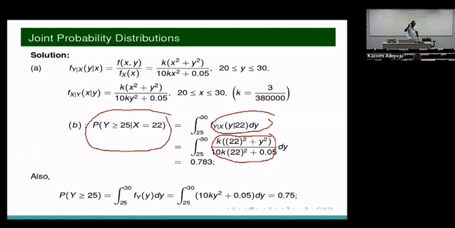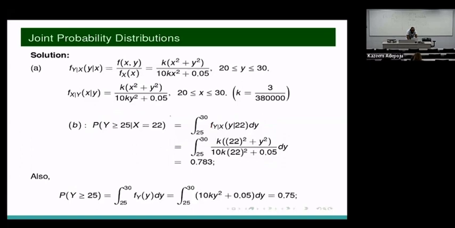Now if you take a look at the other one here, what is the difference between this guy and this guy?